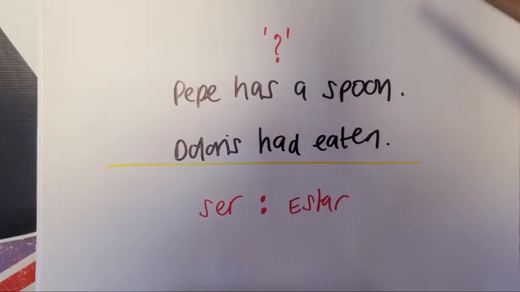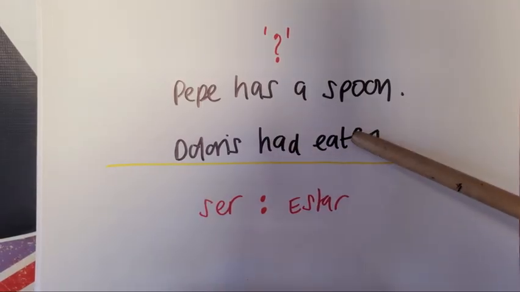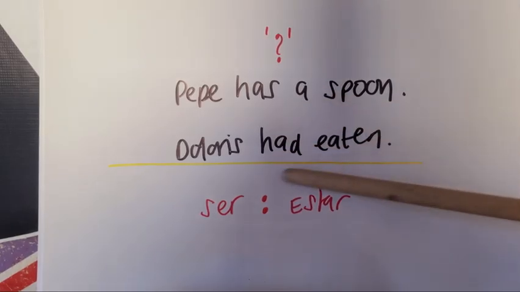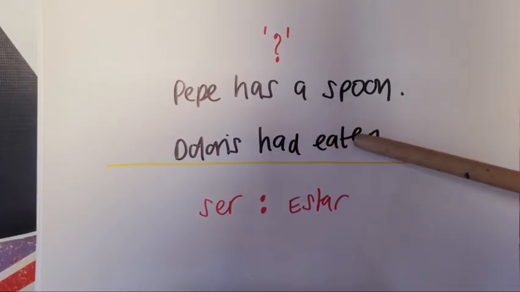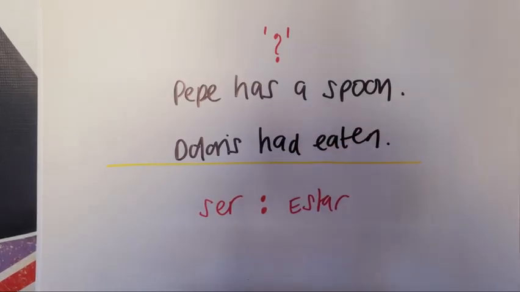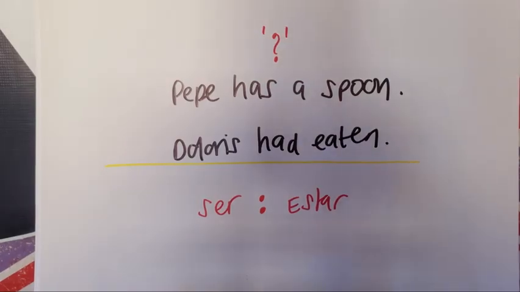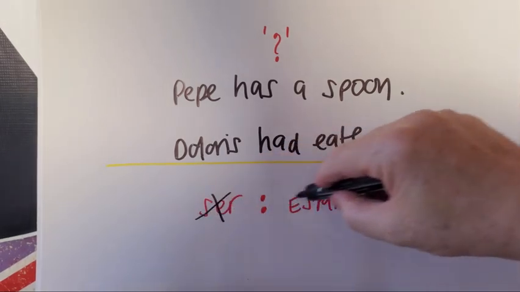It's an object. Now, Dolores had eaten. Is eaten an object? No, had eaten forms this continuous verb, past continuous. So, do you remember which one it would be? I'll be honest with you, that is an error there. I ought to have put tener and haber.